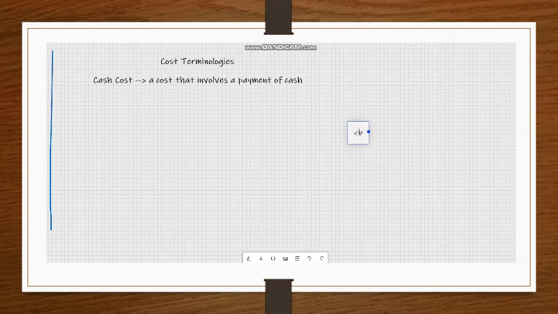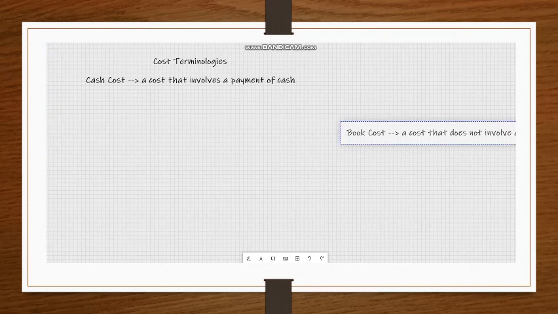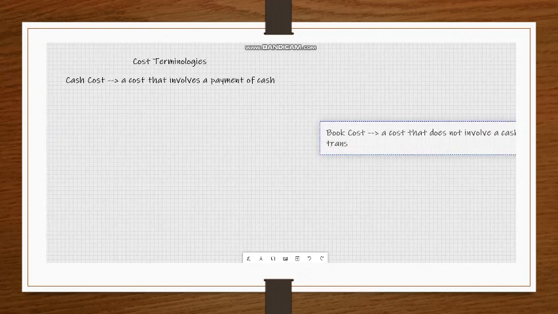Next is book cost, which is a cost that does not involve a cash transaction but is reflected in the accounting system.